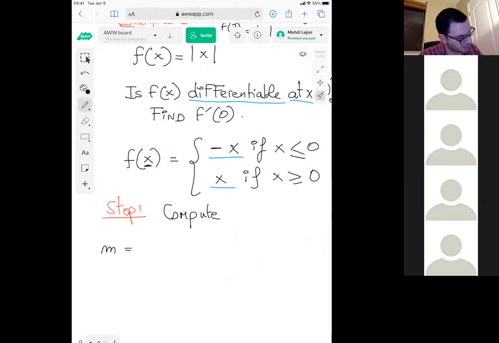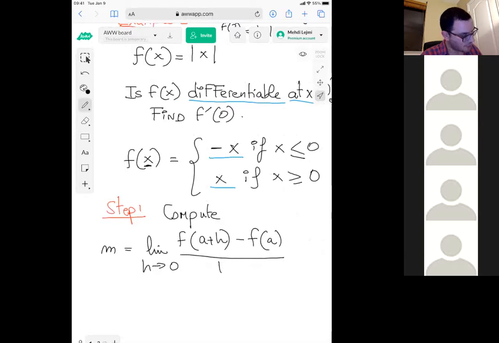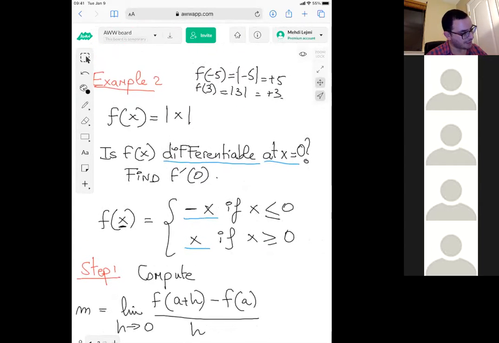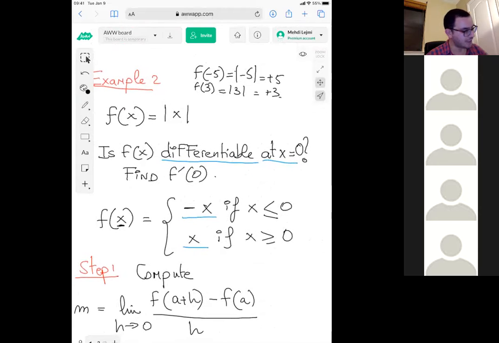Was supposed to be limit h going to 0 of f of a plus h minus f of a over h, right? Okay, so what's my a here? The question is: is f of x differentiable at x equal to 0?